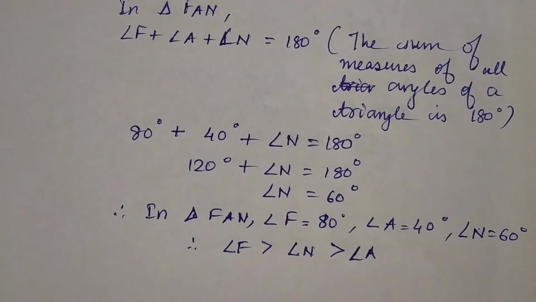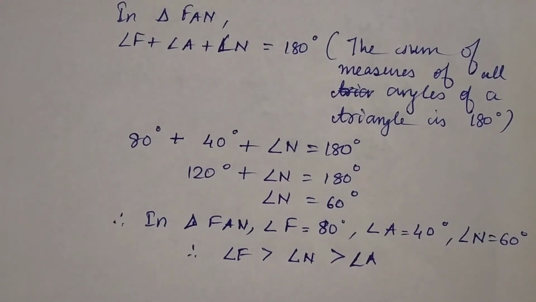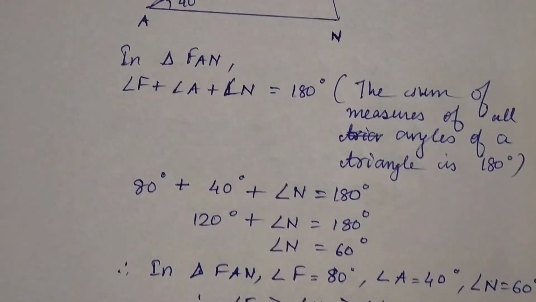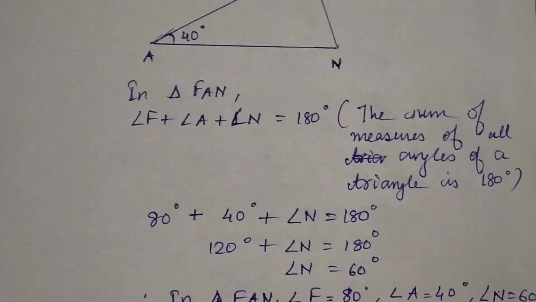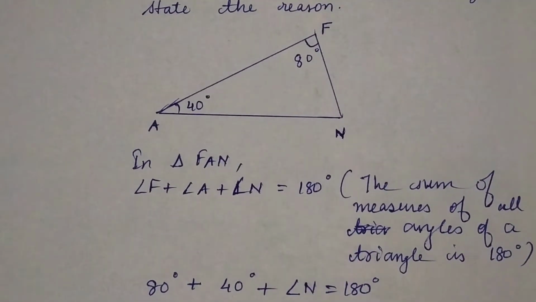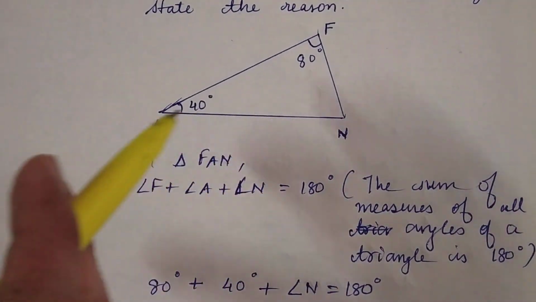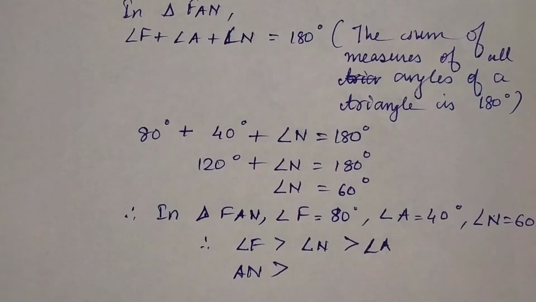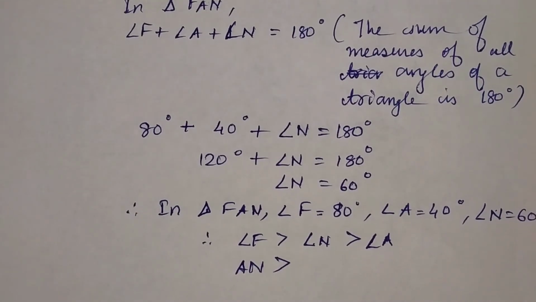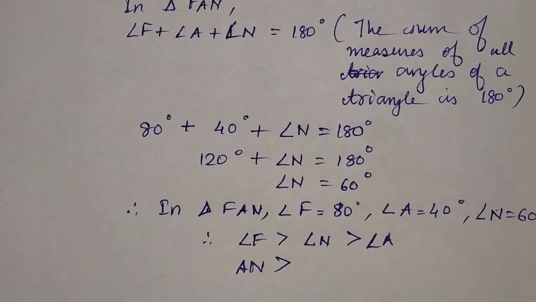Once I know the angles, the sides opposite to these angles are going to be in this order. So let us check what the sides are. For angle F, the opposite side is going to be AN. Yes, so we'll write that down.